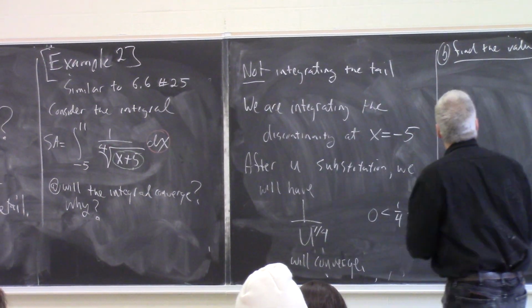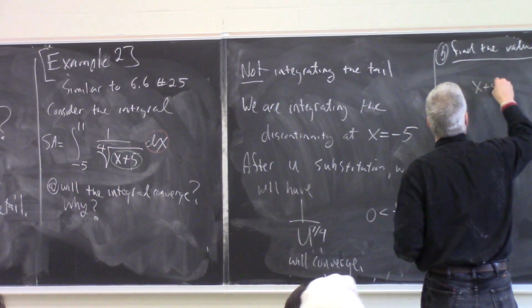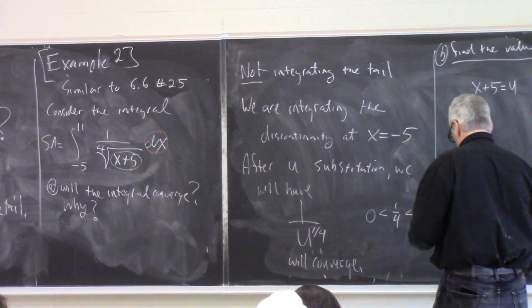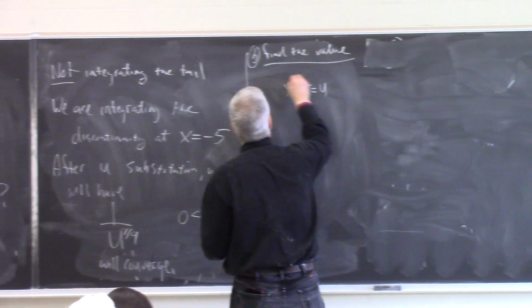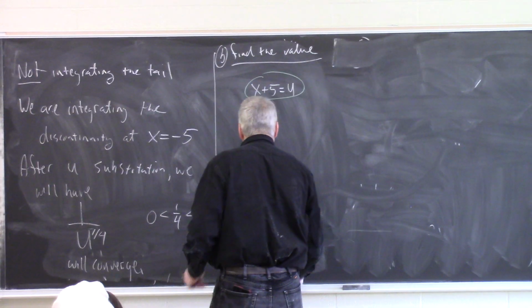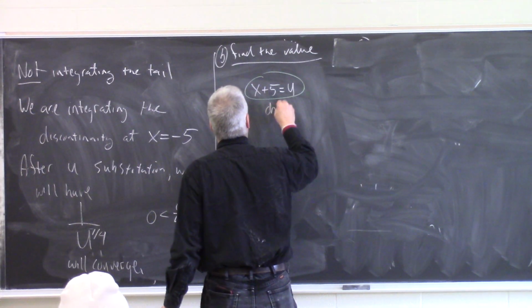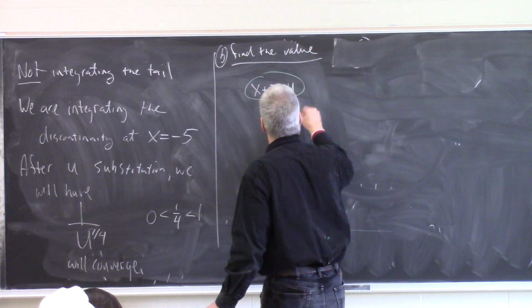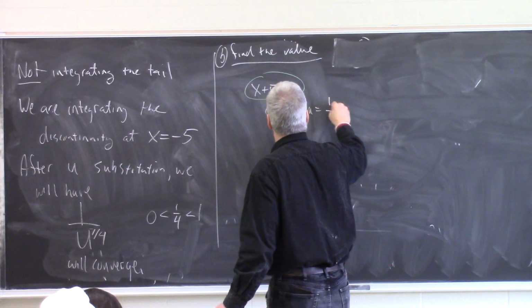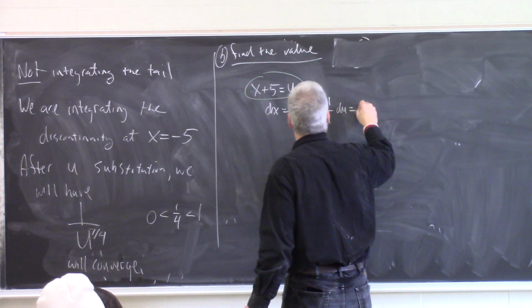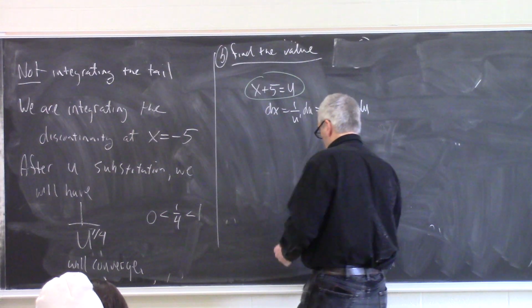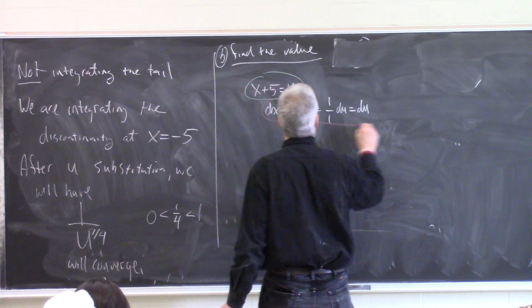My inner function x plus 5, that's going to be my u. So there's my green substitution. And then dx is going to be 1 over u prime du, so 1 over 1 du. In other words, dx is just the same as du. So there's my red substitution.